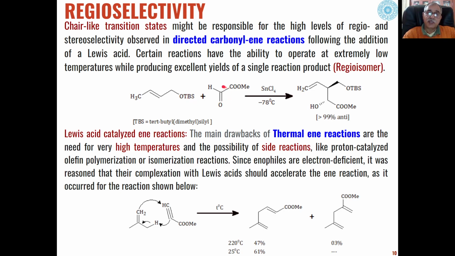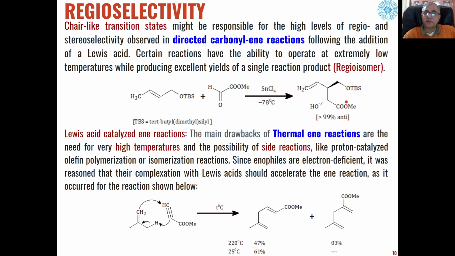This is reacted with this type of enophile, then the carbon-hydrogen bond at this place will be less reactive in comparison to the carbon-hydrogen bond at the methyl group. So the transfer of hydrogen from the methyl group will take place instead of this CH2, and we will get this type of regioisomer.